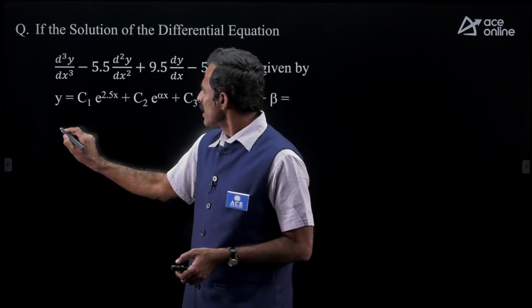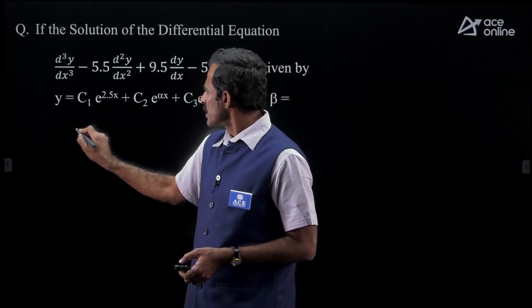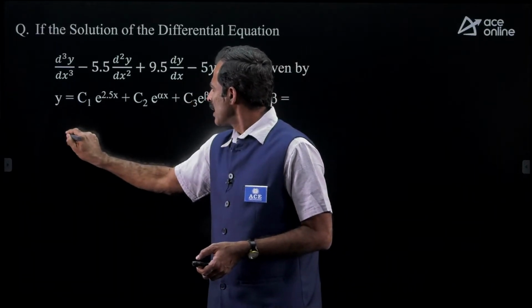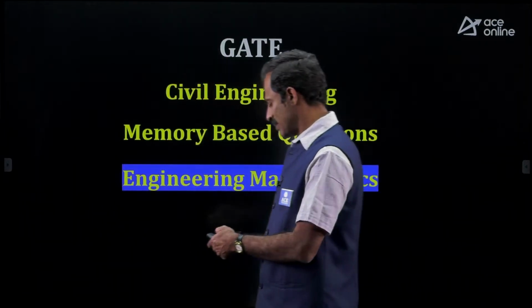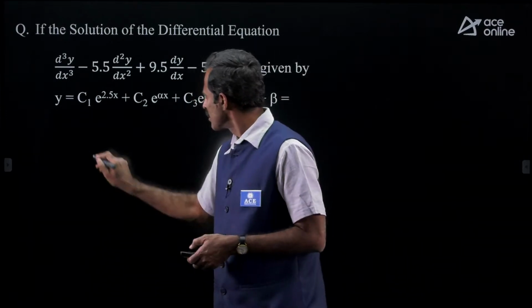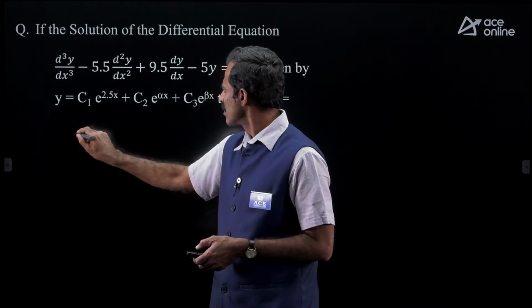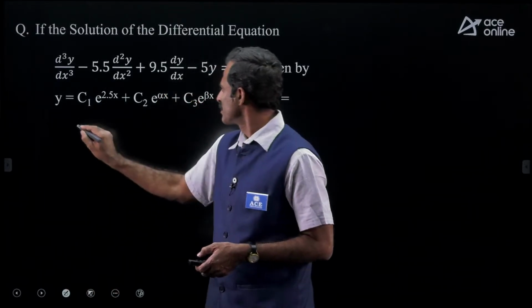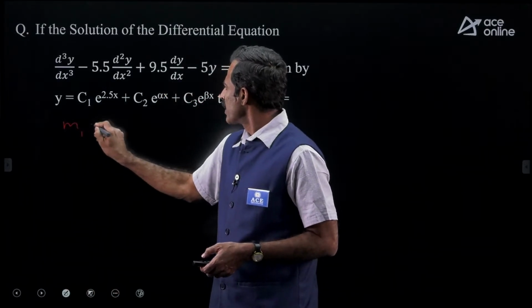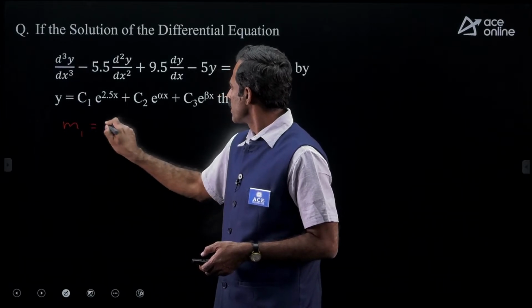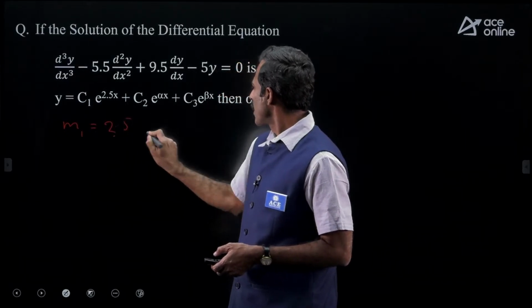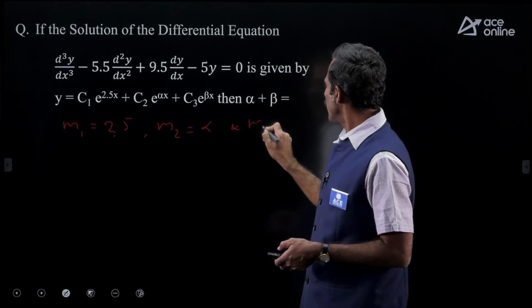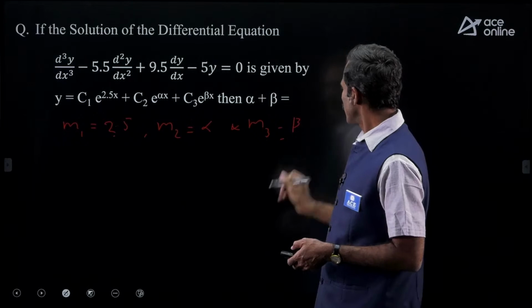Now here let us suppose that m1 equal to 2.5, m2 equal to alpha, and m3 equal to beta.